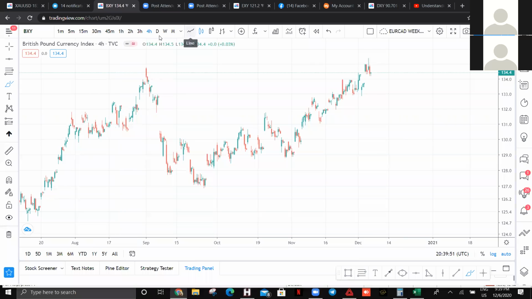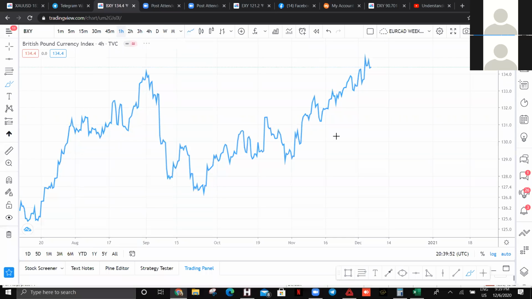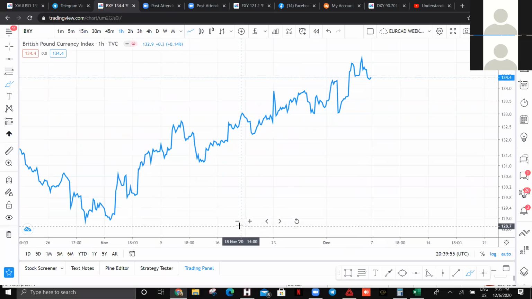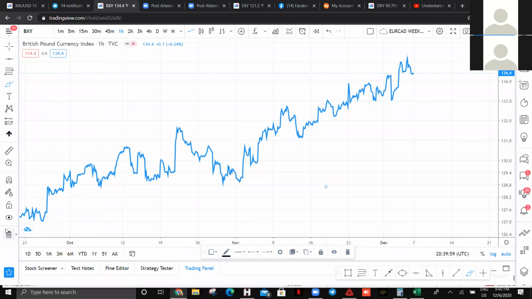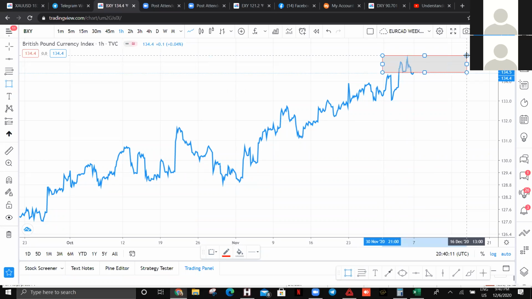Go to line chart, H1. Now the last pullback is here to here. So I'll pick my rectangle and draw from here up to this place.